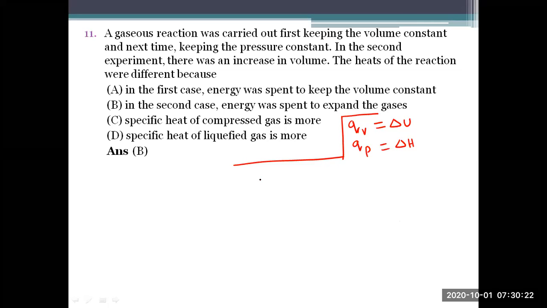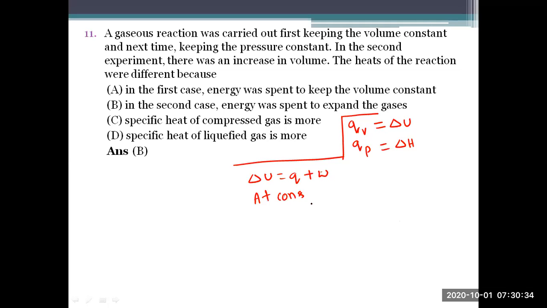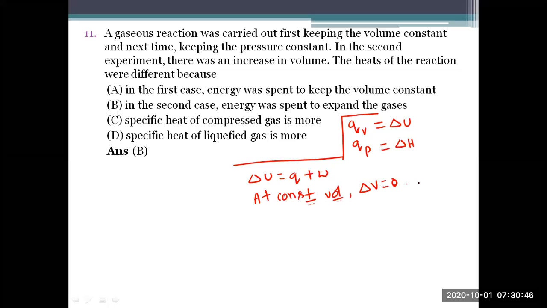We have this first law, delta U is equal to Q plus W. At constant volume, change in volume is not there, delta V 0. And just now we have decided when delta V 0, W is 0.